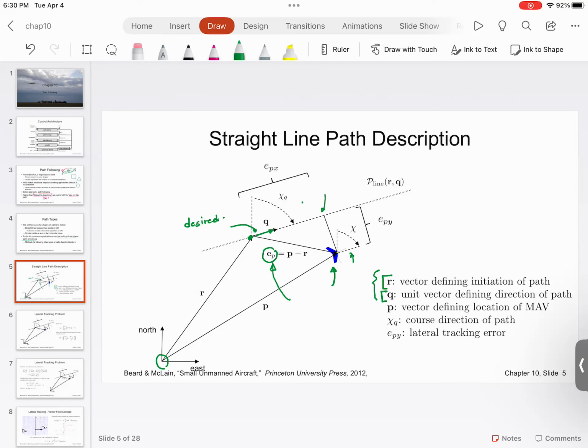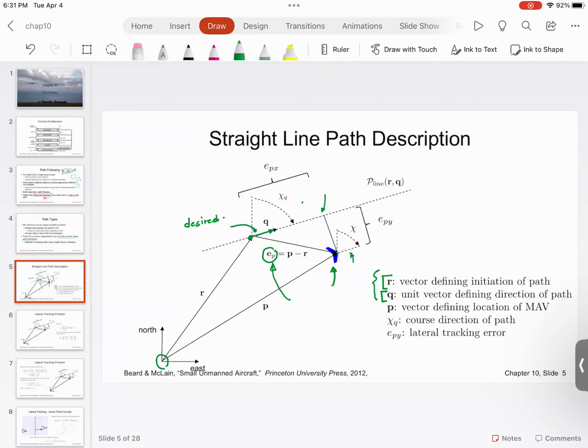Why is this important? Because we have control over the heading of the UAV. If you have external wind, you have course. Heading means yaw without any external wind. Course means yaw added with the side slip because of the wind, and now you get the course.